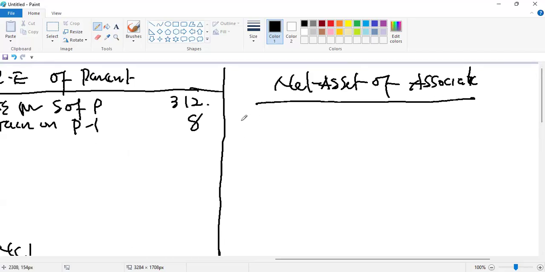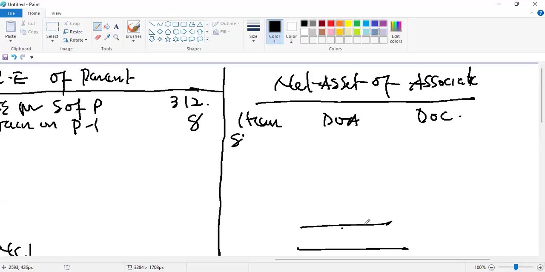I will say, okay, items, DOA, DOC. What is the shares? He has given me net asset of associates. How much is it? 160, according to the question. I'll go and pick the shares.